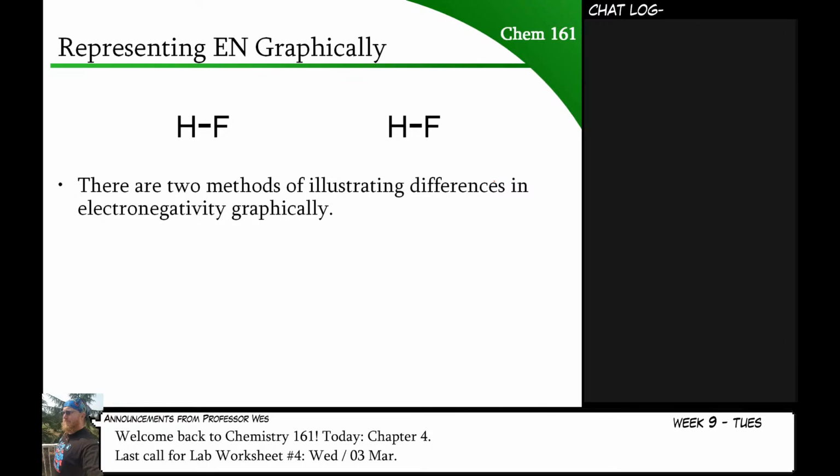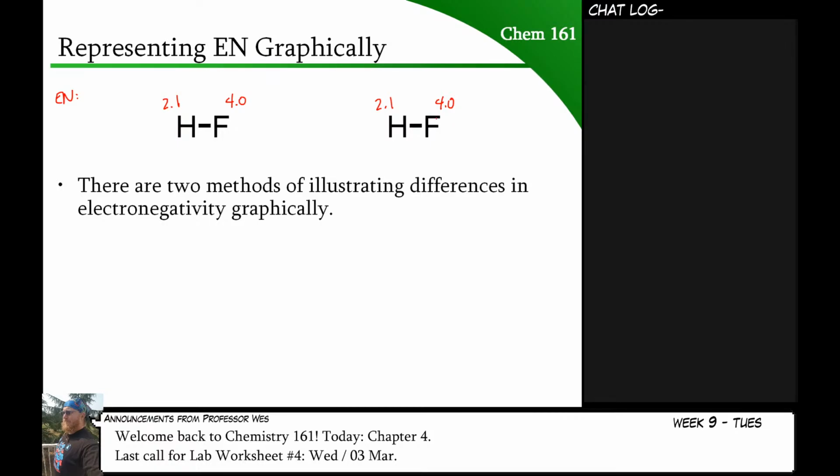So how do we illustrate this graphically? First of all, let's write down the electronegativity of each of these atoms. So hydrogen, according to our chart, is 2.1, and fluorine is 4.0. Now, that is a very stark difference.